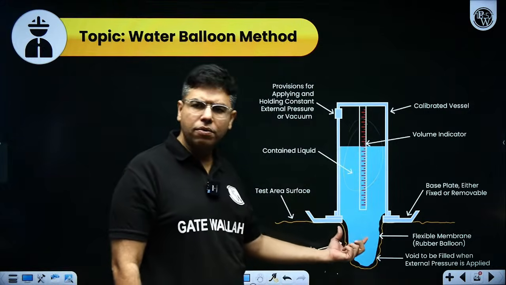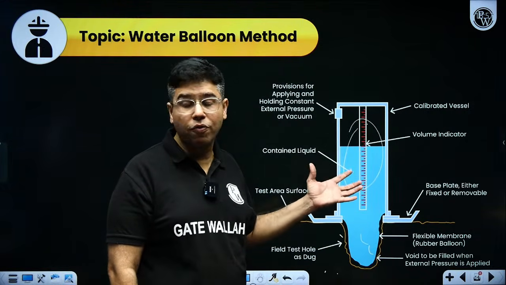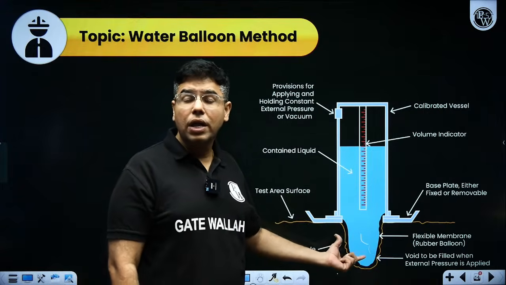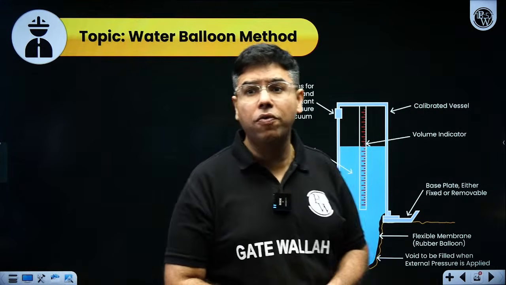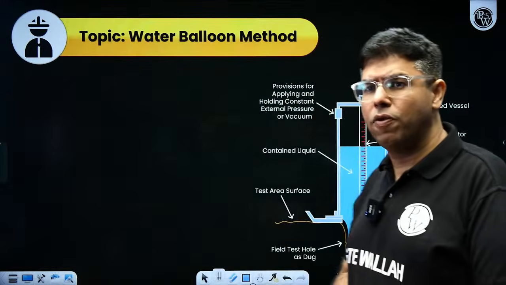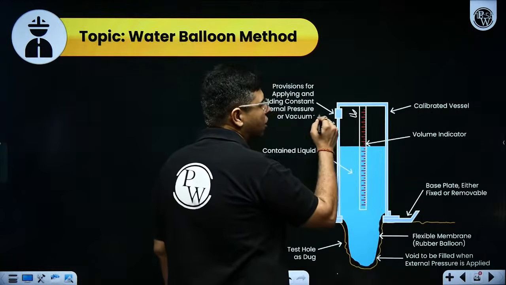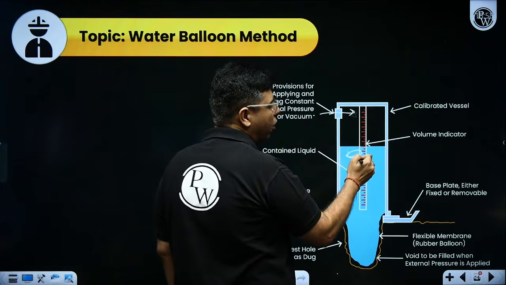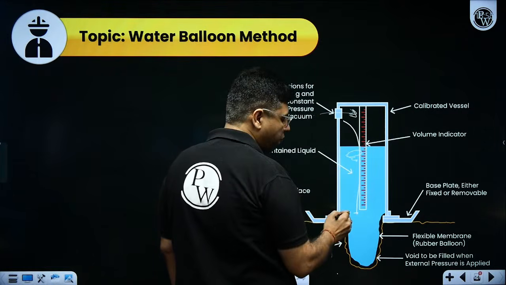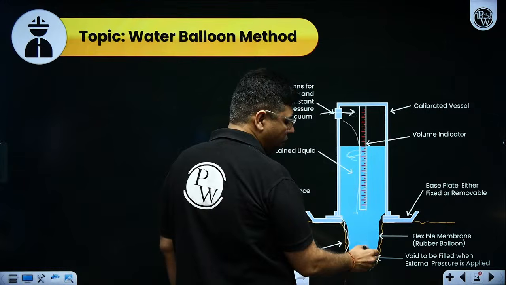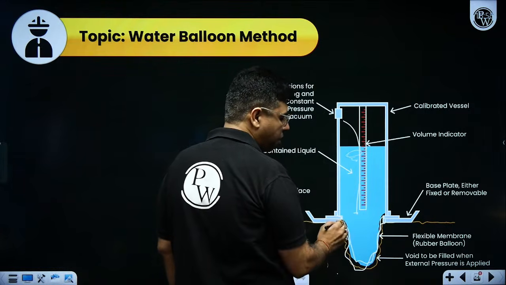Make a pit, measure the weight of the excavated soil. Now, to measure the volume of the pit, what will we do? Apply pressure to the water here. This water will fill this membrane and this membrane will take the shape of the pit.